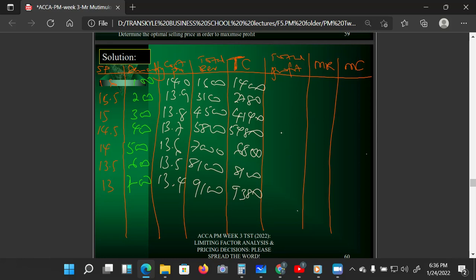Okay. So, what is the total profit? Total profit is equal to total revenue minus total cost. So, we start with the first row. 1,600 minus 1,400, we get 200. That's total profit.